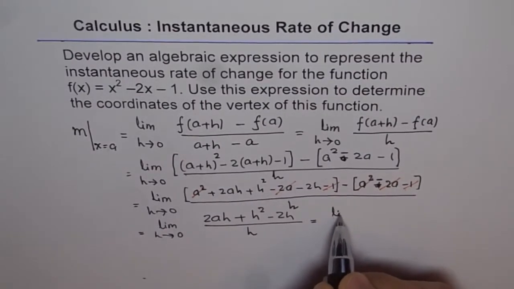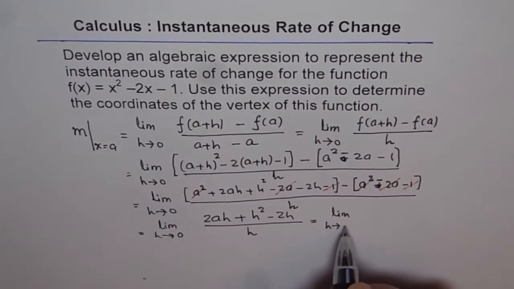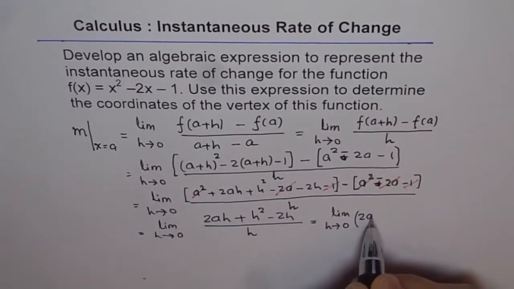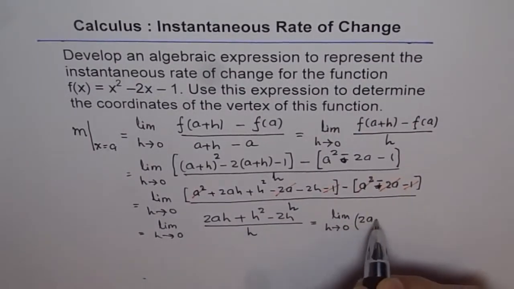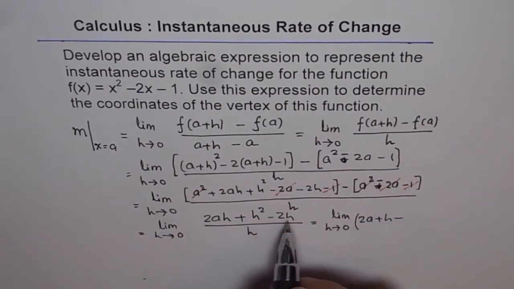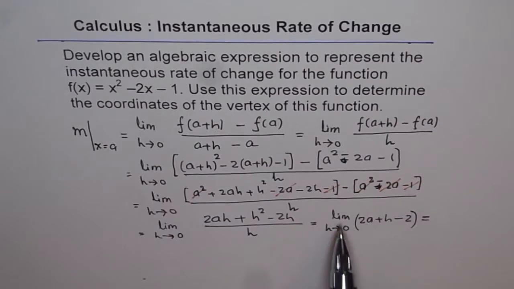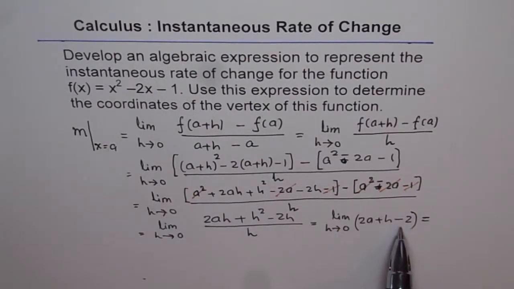And then we get the limit as h approaches 0 of 2a plus h minus 2. Correct? And now, the limit of this function as h approaches 0 is 2a minus 2, right?